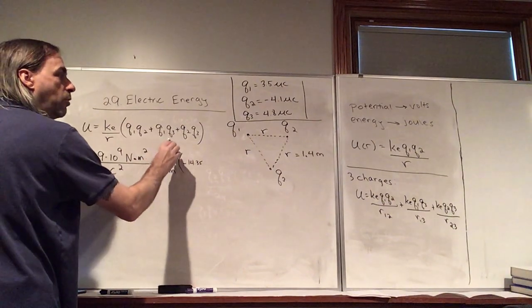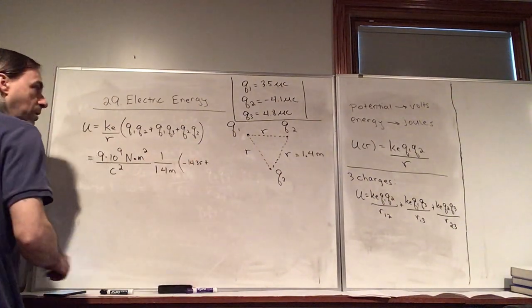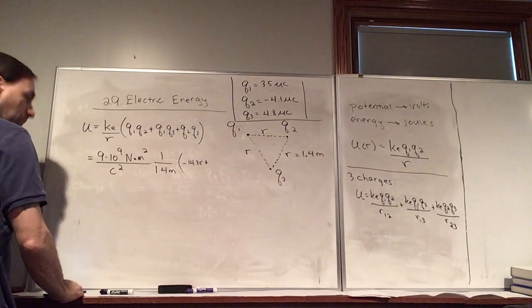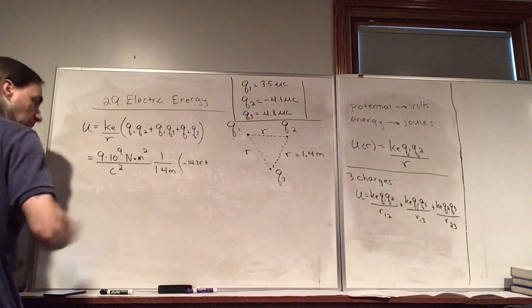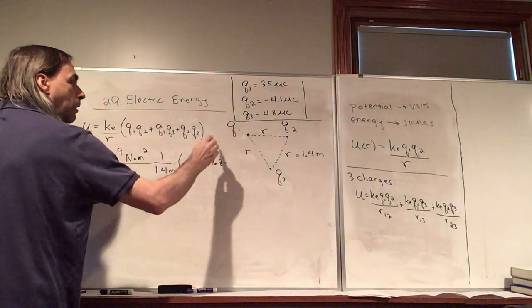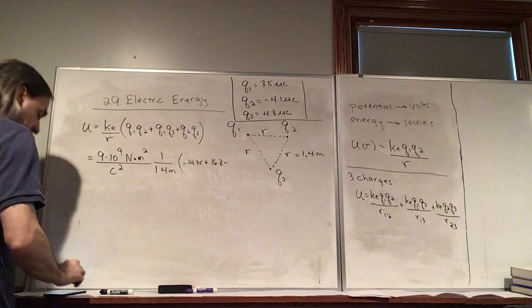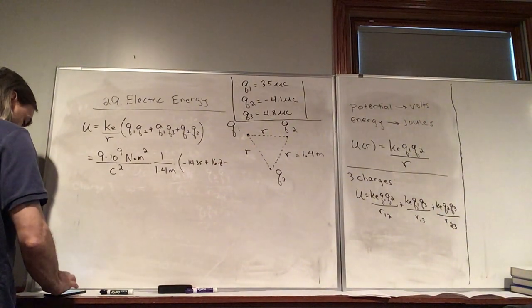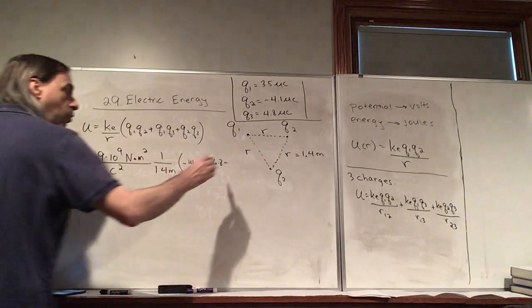And then Q1 and Q3 is going to be a positive term. That's 16.8. And then Q2 and Q3 is going to be negative 19.68.